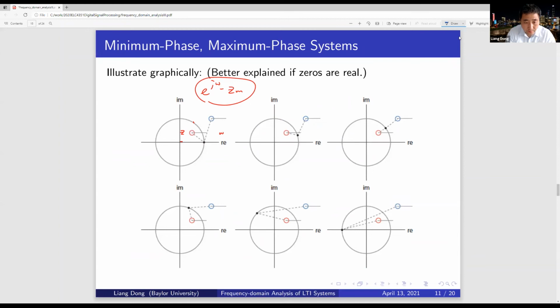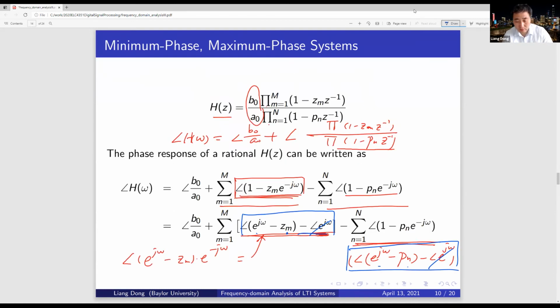We want to find the angle of this vector. Also the angle here. That's how we see the distance of that, and we are using that to find the phase. So in general, that's how we visualize this angle.